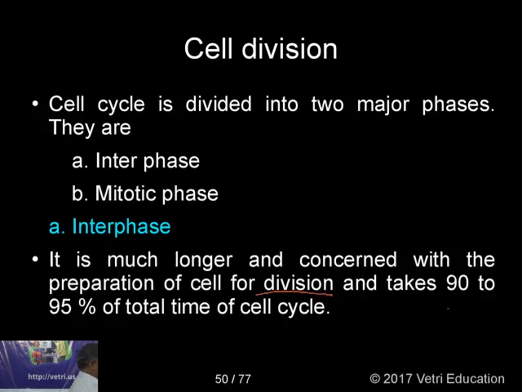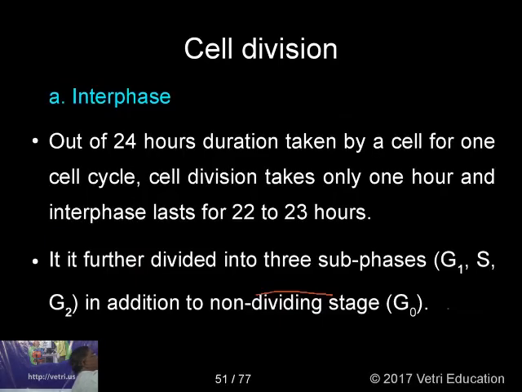It takes 90 to 95% of the total time of the cell cycle. Out of 24 hours taken by a cell for one cell cycle, cell division takes only 1 hour, and interphase lasts 22 to 23 hours. So it is a long duration.